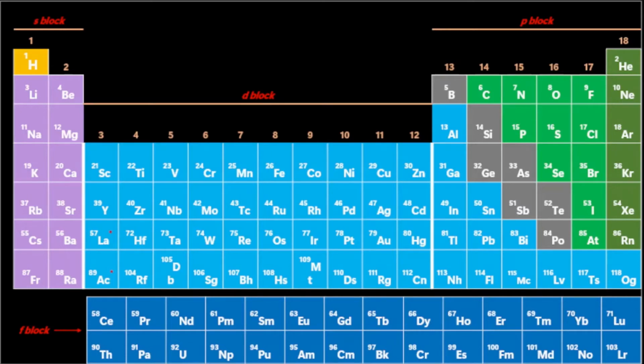Similarly, if we take the 17th group, there are 7 valence electrons for all the elements of this 17th group. So they have valency 8 minus 7 equal to 1, so the group valency also becomes 1. So by knowing the Lewis symbol, we can calculate the common valency of an element or the group valency.